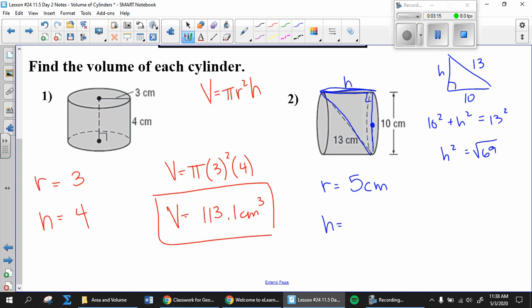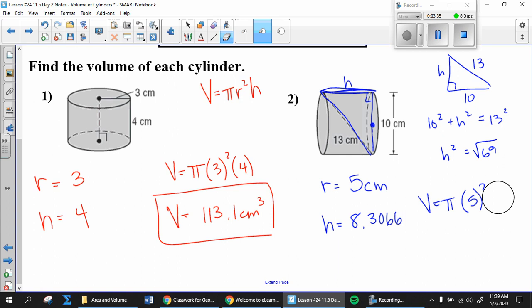Let's go ahead and round that. Remember, try not to round too early. So I'm going to round it to 8.3066, and then I'll round at the very end. Now volume equals pi r squared times this height, and I'm actually going to leave it as the square root of 69 for my sake because it's easier to write.